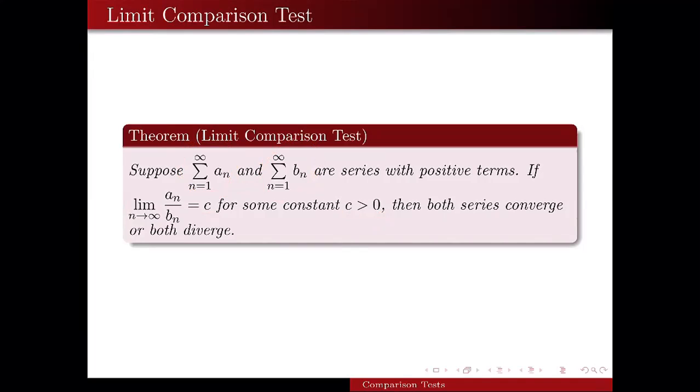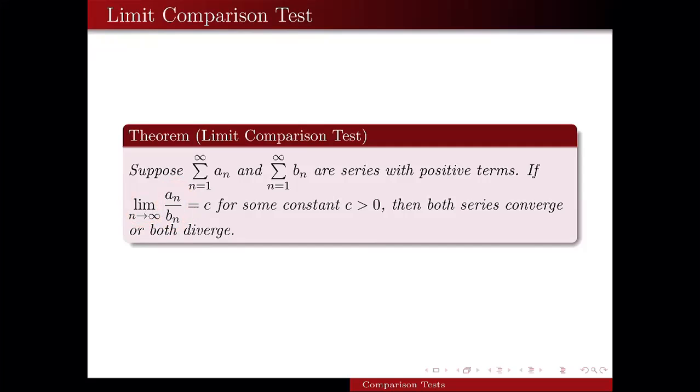Okay? Again, you have two series, series a_n and series b_n. Both have positive terms. Term by term, you get the ratio a_n over b_n. You get the limit of that a_n over b_n as n approaches infinity.